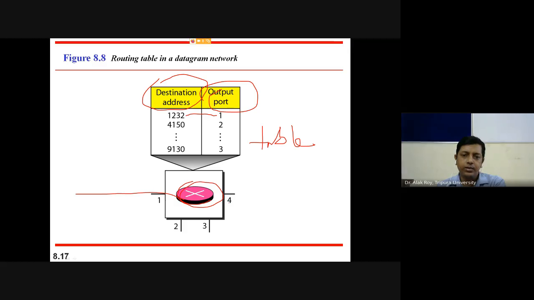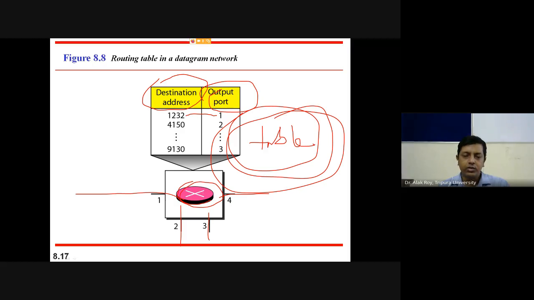For 4150, port number 2 is used. For 9130, port number 3 is used. So each switch decides based upon the table data. The switch decides the path based upon the data stored in the table known as the routing table.